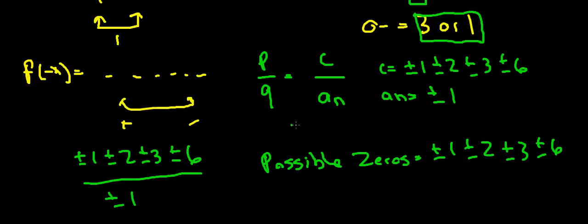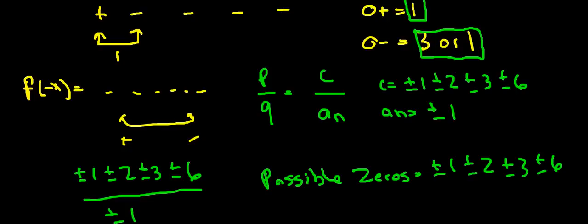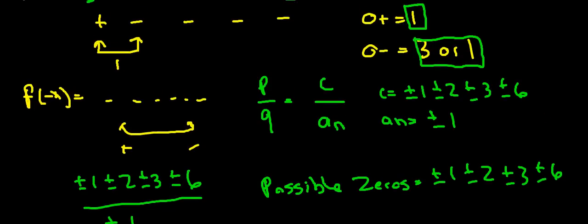So now that we have all of our zeros, let's think about what this is going to mean for the bounds. Since we only have one positive zero, whatever the positive is going to be, it's going to have to be the upper bound, because it's the only positive number. So it's therefore going to be the upper bound. So whenever we find our positive zero, it's going to have all positives and zeros in the bottom.